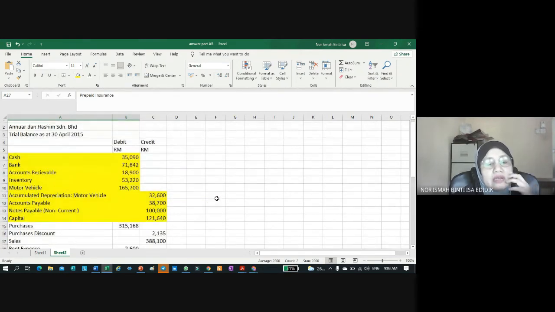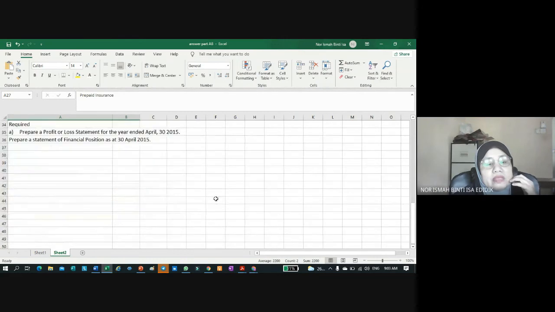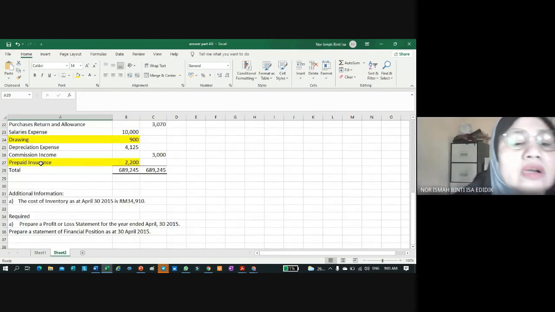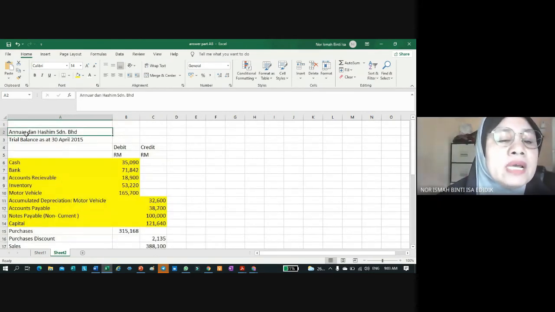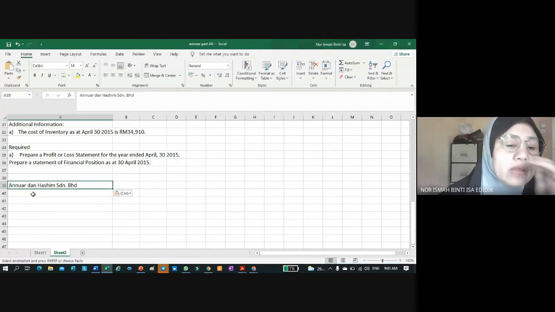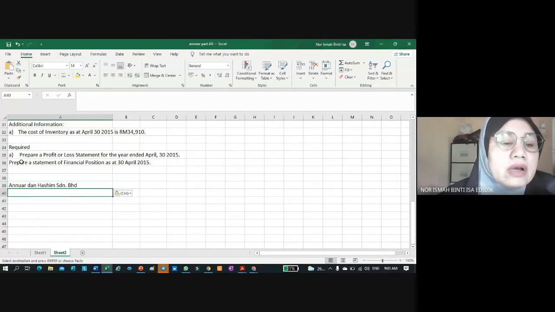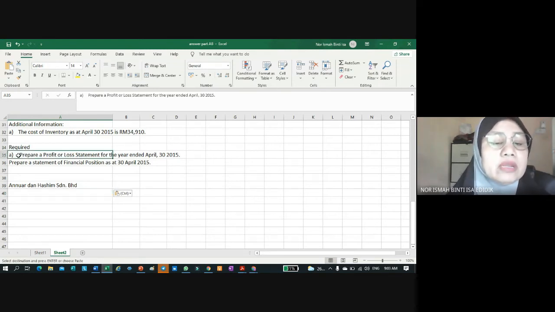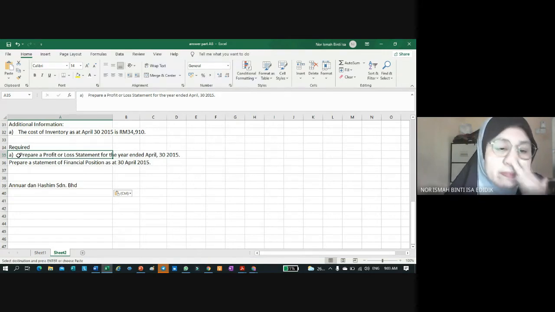So now we prepare the statement. What do we write first? The title, the company name. What is the company name? This one. Copy and paste it here. What statement are we going to prepare? We do the profit and loss first, before the financial position, because we want the profit to transfer into the financial position.